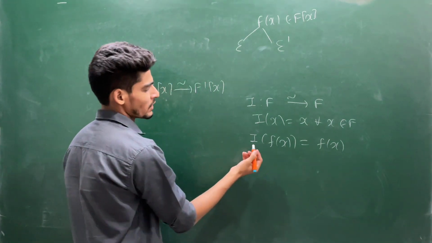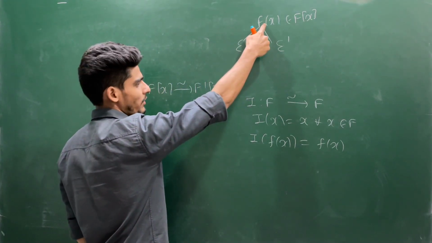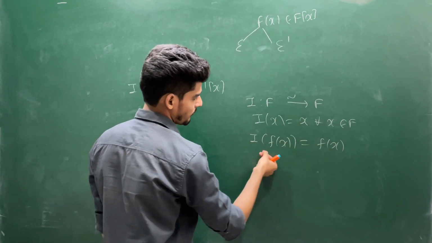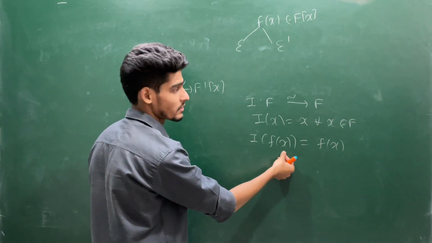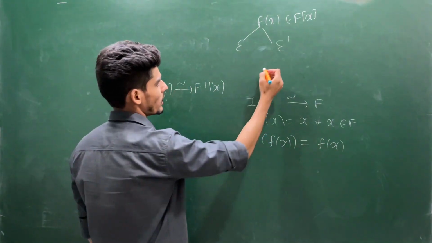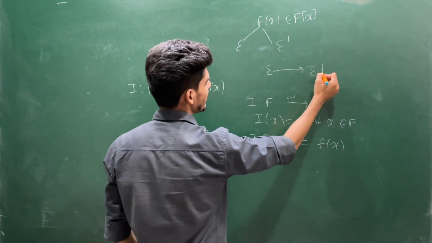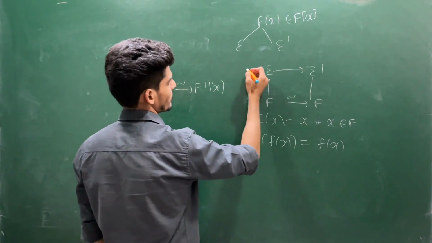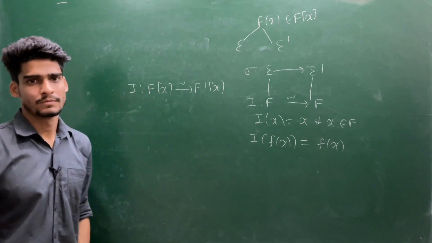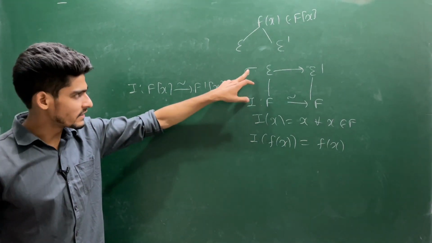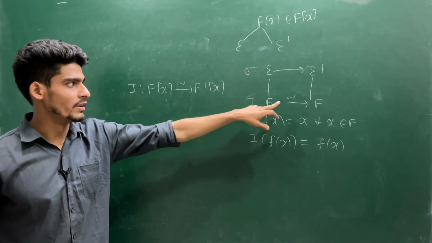So you are having a splitting field E for f(x), and suppose E prime is the splitting field for I of f(x), because these two are the same. So you are having an isomorphism between E and E prime. Say this is sigma. This need not be the identity, but sigma restricted to F will give you the identity map.